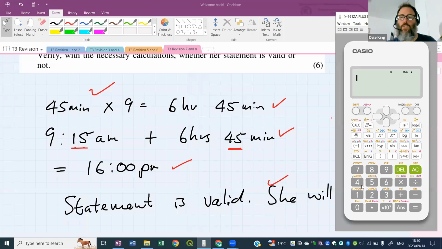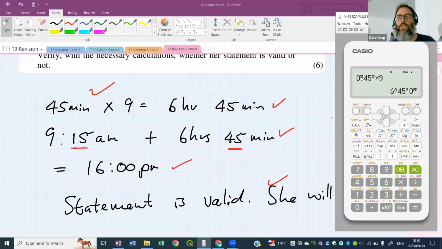Okay, so 45 button. Now it looks like the same thing. I'm going to times it by 9 here. So that's hours, you've got to put in minutes. So it's 0 hours, 45 minutes. I don't think you need seconds. Times it by 9.